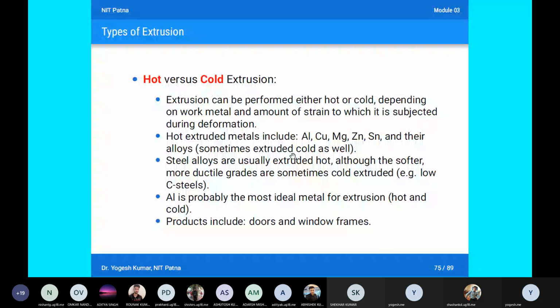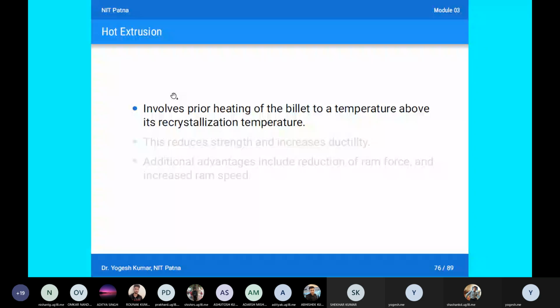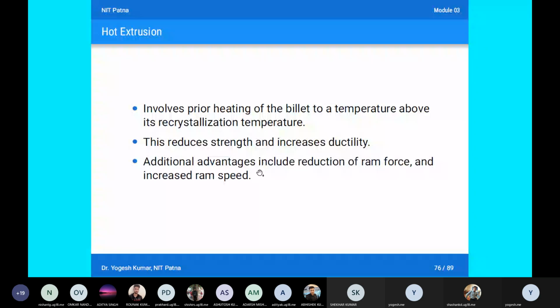Okay, so this is the example which I gave in the start of the products that are produced: door and window frames. These are produced using extrusion processes. Under hot extrusion, it is well known that the work billet is heated above the recrystallization temperature, which reduces the strength and increases ductility, as I have already told.